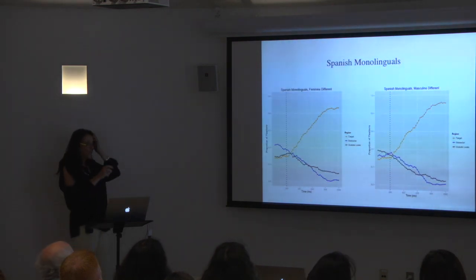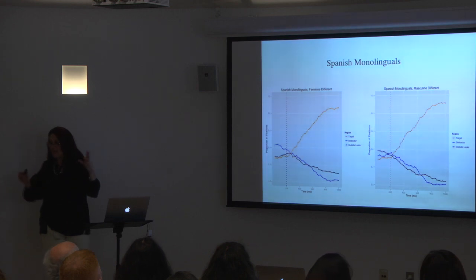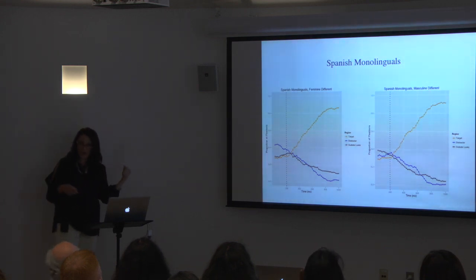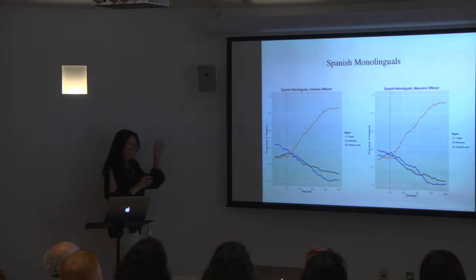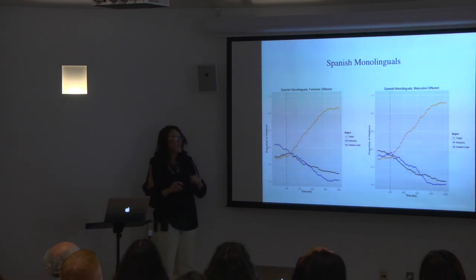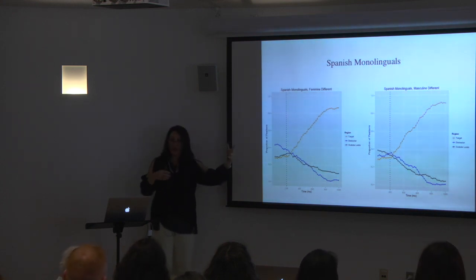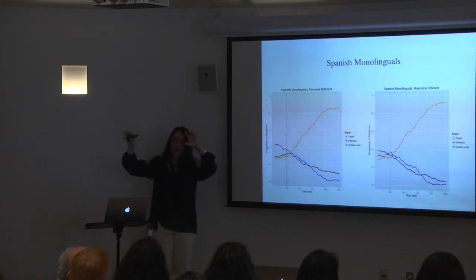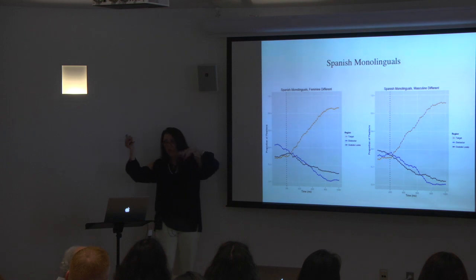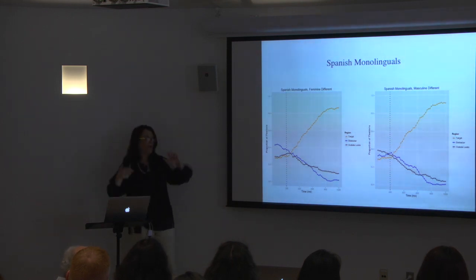Okay, so what I'm showing here is a graph very similar to the black and white graph I showed you earlier with the kids. Again, the experiment was the same type, in which participants heard a phrase, encuentra la, find the, and they saw either a cookie and a ball, both feminine, or a cookie and a car, feminine and masculine.